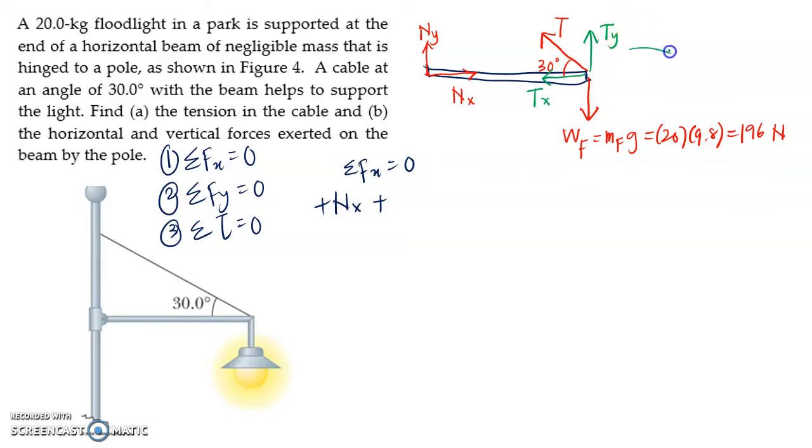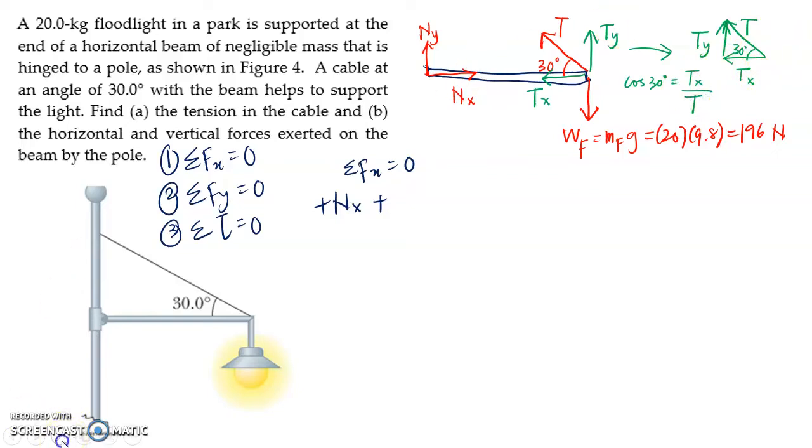We can transform this into a triangle where this is the hypotenuse, the true tension, and we have Tx as the horizontal base of our triangle, and then the vertical side of the triangle, which is Ty. And then we put the angle 30 degrees here. So cos 30 degrees is equal to the adjacent, which is Tx, over the hypotenuse.